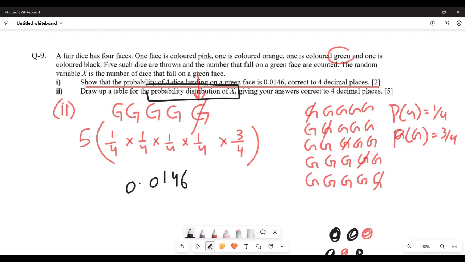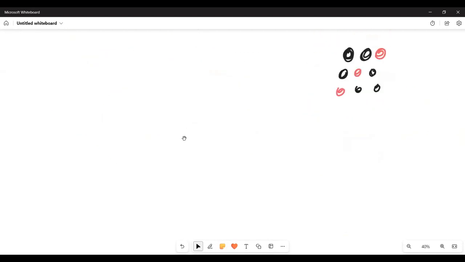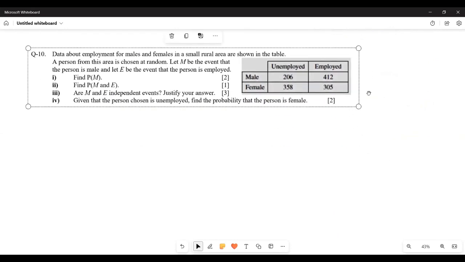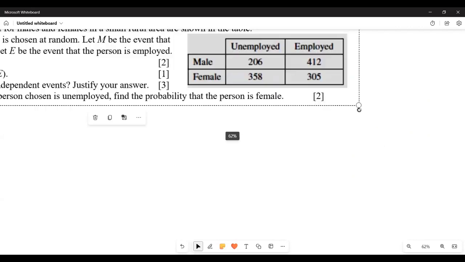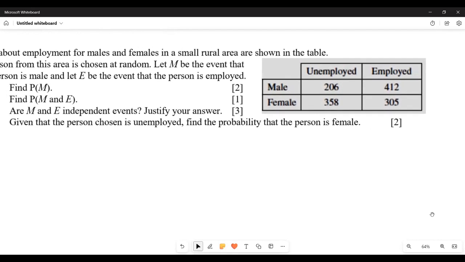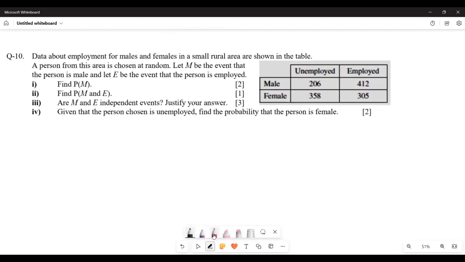क्वेश्चन 10 करते हैं. Data about employment for males and females in a small rural area is shown in the table. A person from this area is chosen at random.